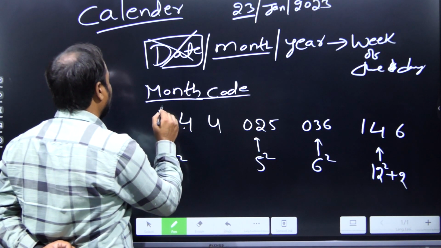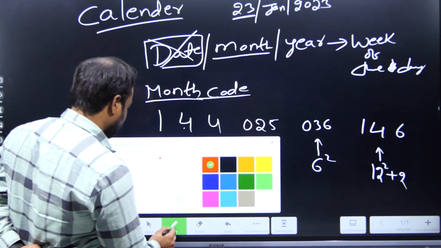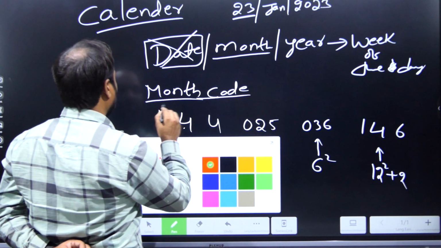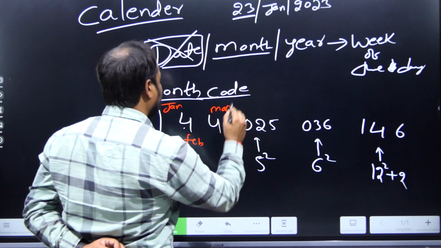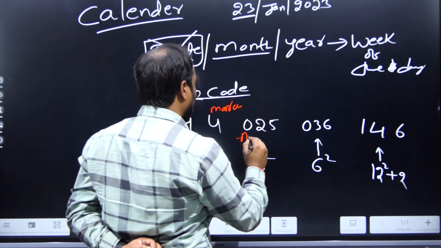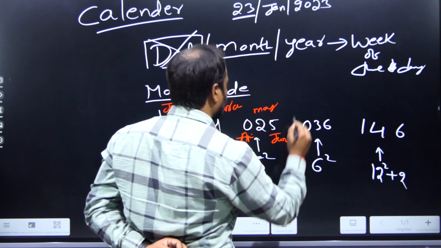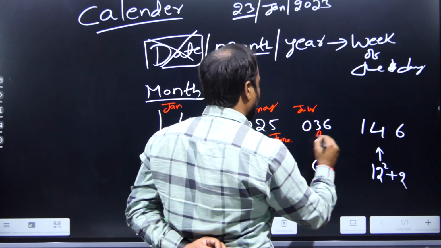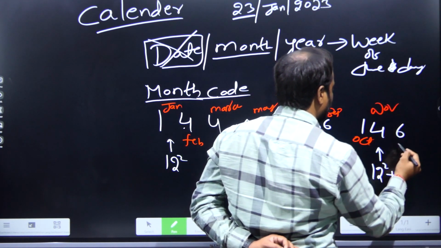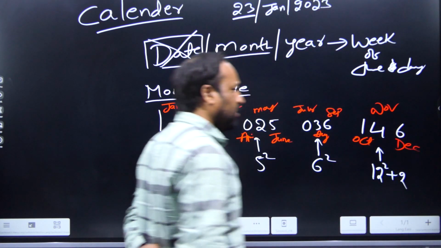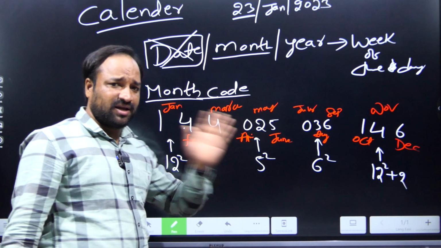Starting with January: first is January, next February, March, April, May, June, July, August, September, October, November and December. For the 12 months, there are 12 codes.